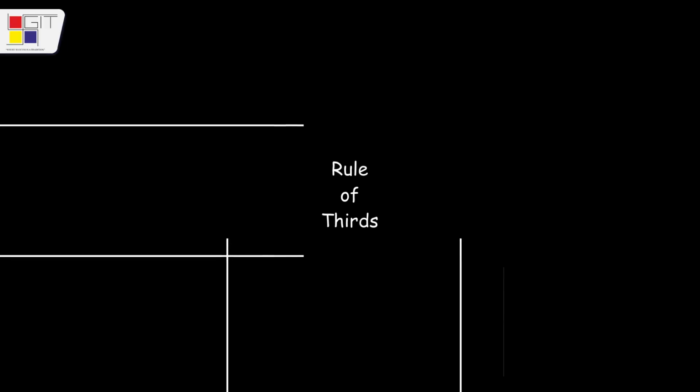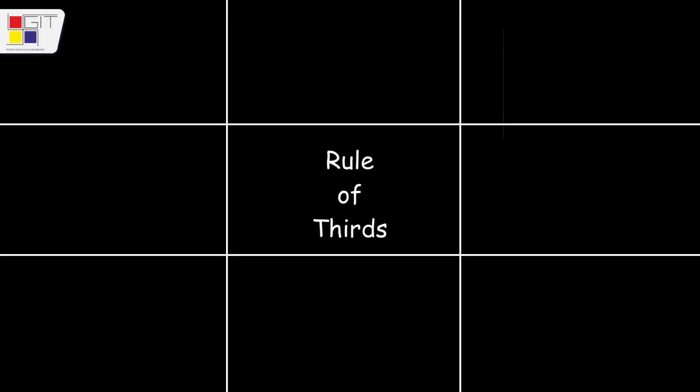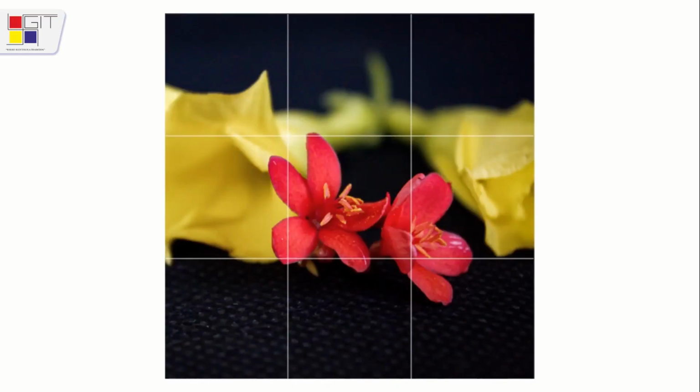Rule of thirds means your image or your object is on the right side or left side of the whole photograph, and the remaining frame is blank or empty or filled with some other things. You can see this photograph. According to me or everyone, this is quite a good image, but it is in a square frame.